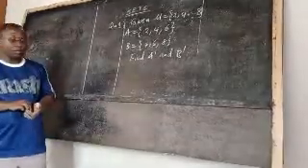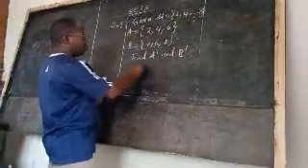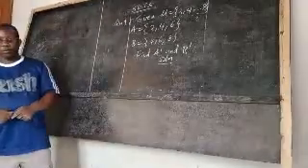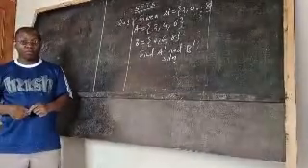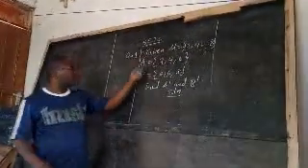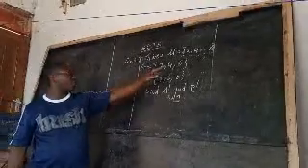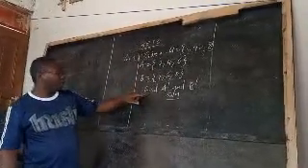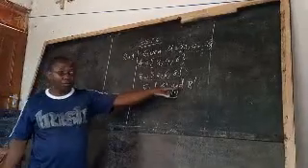Are we together? So we can say solution. You're given universal set 2, 4 up to 8, set A which contains 2, 4, and 6, and set B containing 4, 6, and 8. You're asked to find A complement and B complement.